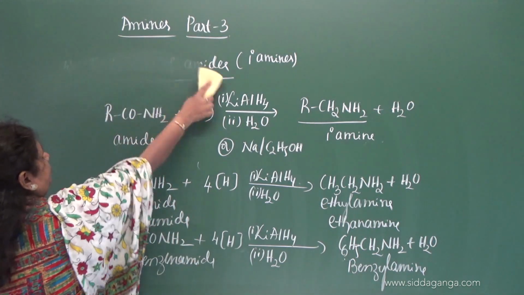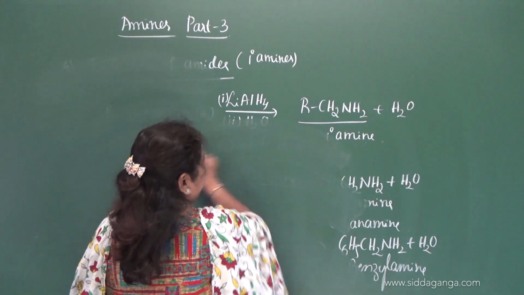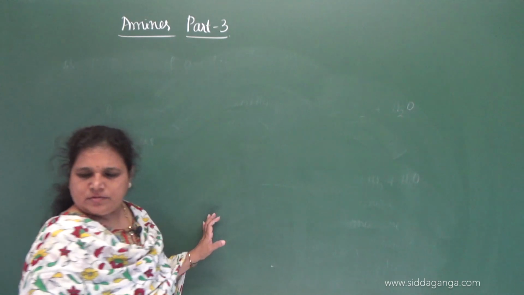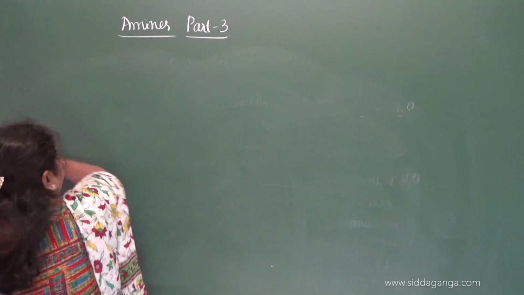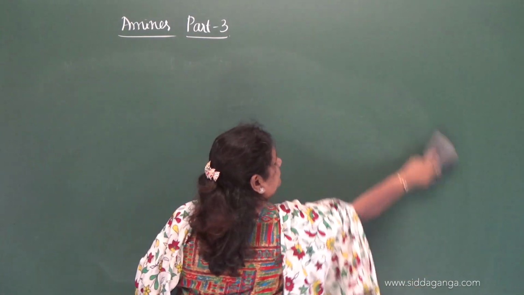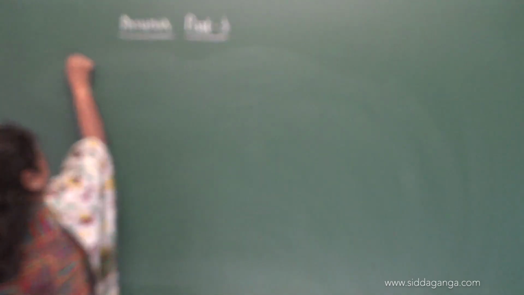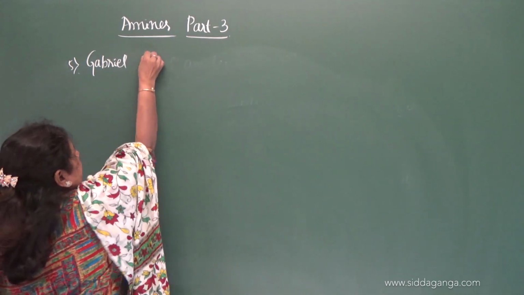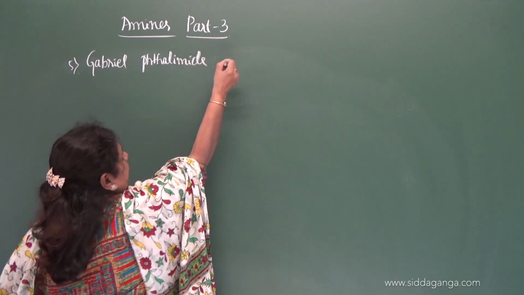Okay. Now move on to the fifth method here. Fifth one. So the fifth method of preparation, that is Gabriel phthalimide reaction.